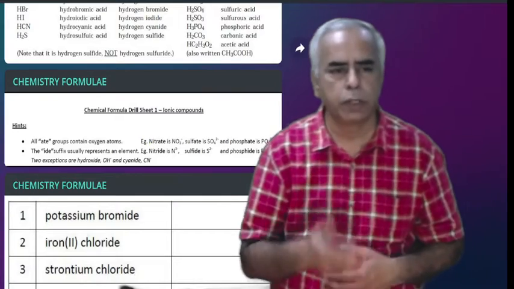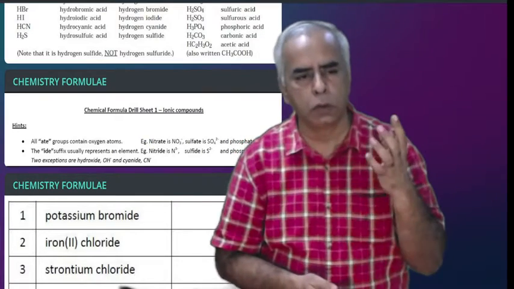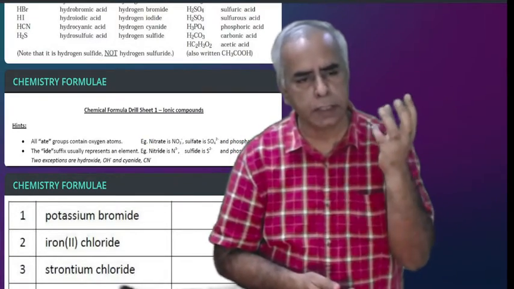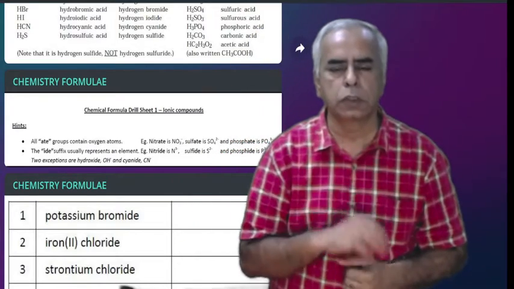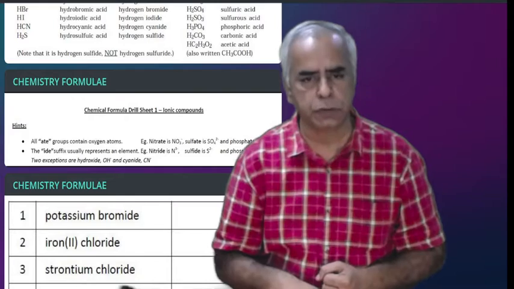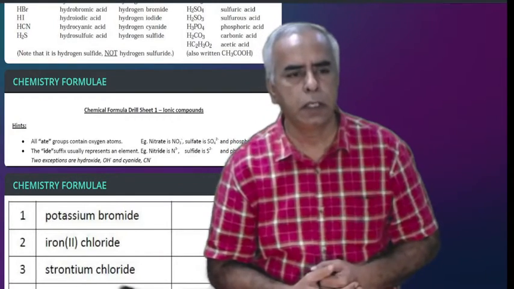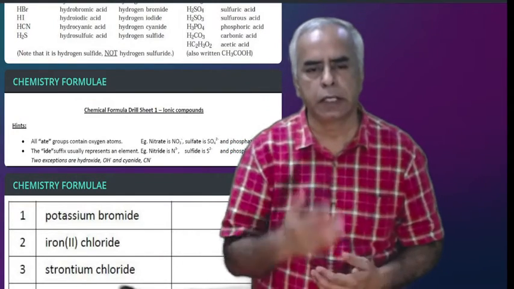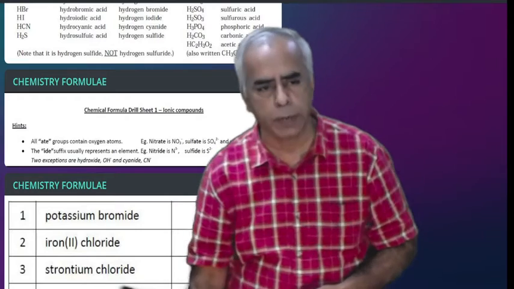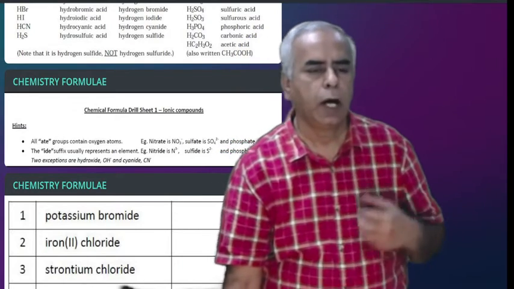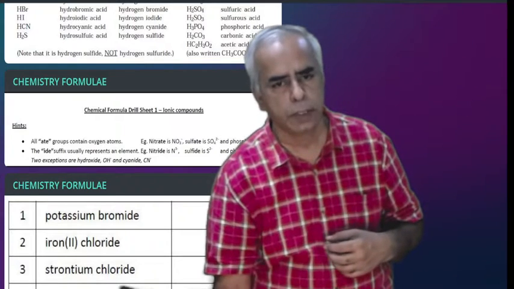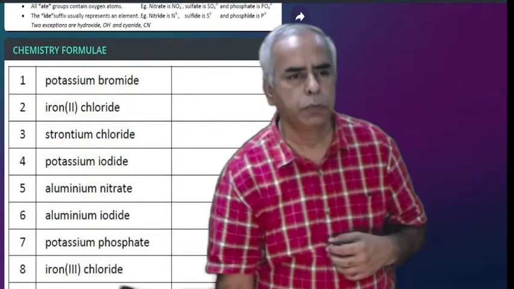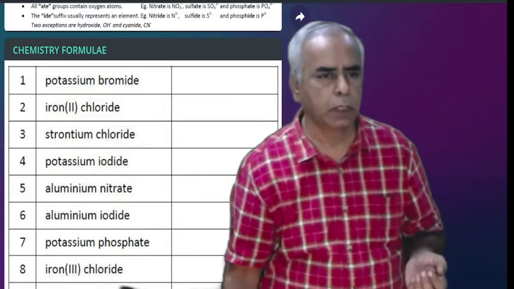As I already mentioned, anion groups containing oxygen can be called ate, and their lower oxidation state can be called ite. And similarly the ide suffix, as in nitride, sulfide, bromide. Then ide in the case of hydroxide and cyanide also.